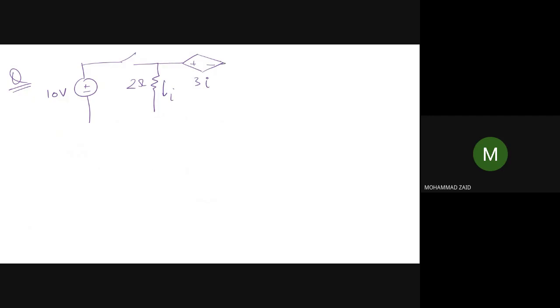Okay, so this is a dependent source in which the voltage is dependent on the current, and the current is flowing in this branch, and this switch is opened at t is equal to 0. This is a voltage source, this is a 9 ohm resistance, this is a capacitance, and this is an inductance. So this is the circuit which is there. So this is 9 ohm, and this is 2 millifarad, and this is 5 Henry.